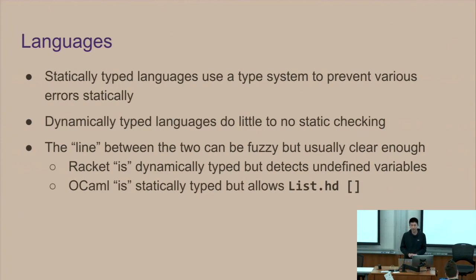The line between the two could be fuzzy, but is usually clear. Notice that we say Racket is dynamically typed, but it does some basic checks, such as detecting all the undefined variables. On the other hand, OCaml is statically checked, but it does allow this kind of statement.